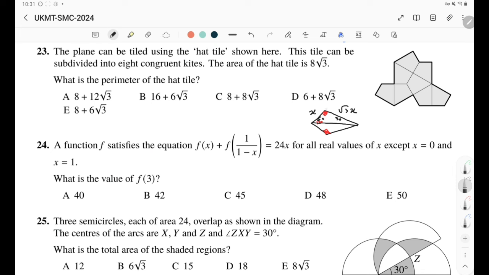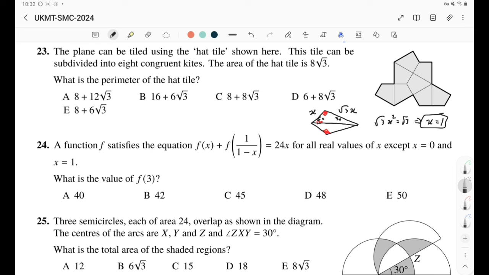And of course, if you want to find the area of that shape, it's half of x times root 3x times 2, so we don't have a half, so root 3x squared is equal to root 3. That automatically means that x is 1. So one of them is 1 and the other one is root 3. The smaller side is 1 and the bigger side is root 3.